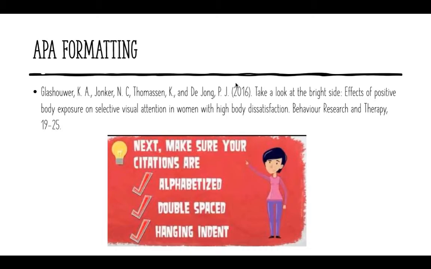Once you've done that, you will refer to the year that they published their paper. A lot of the times a paper says when they submitted the paper, that could be in 2015. When the paper was reviewed, that could be 2015. And 2016 could be the year that it was finally accepted. And that is the year that you need to use.